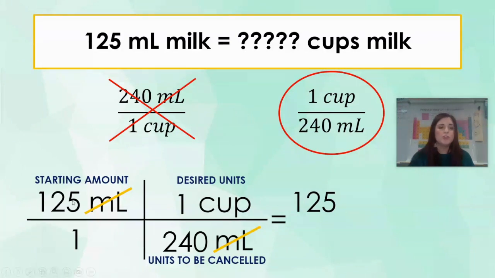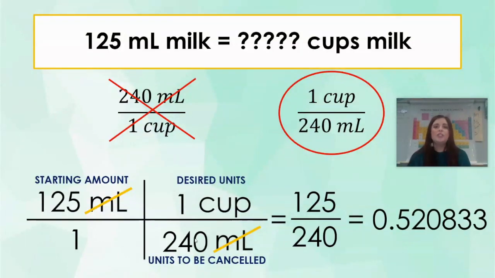So I have 125 times 1, and that gives me 125. And that's over that bottom portion. So 1 times 240 gives me 240. Once I get that, I could solve by just dividing those two numbers. So 125 divided by 240 gives me this answer.